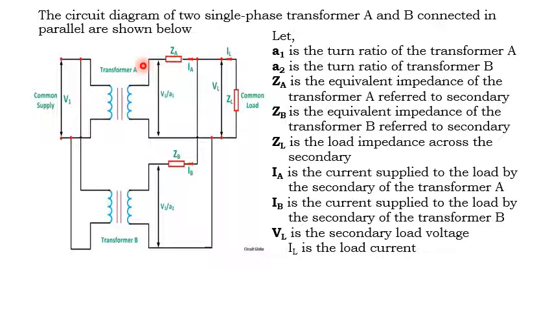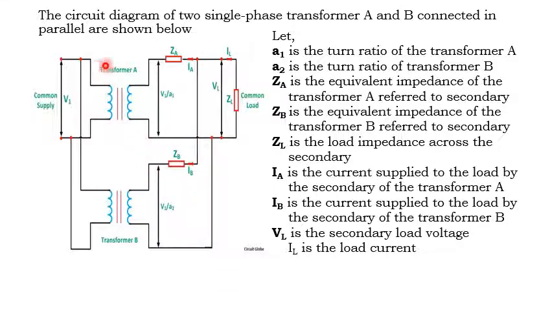Now, what are the conditions we discussed? We will check here whether these conditions are fulfilled or not. Now let us consider the circuit diagram of two single phase transformers, A and B, connected in parallel.